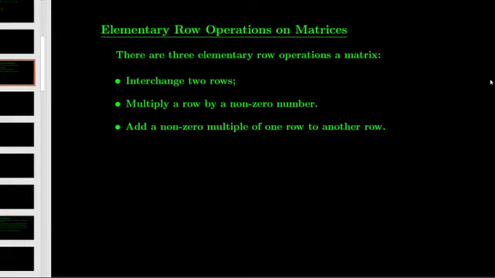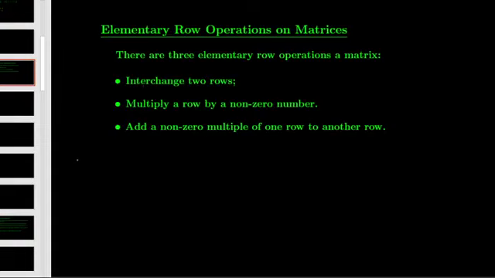I want to repeat. To solve any linear system, there are 3 elementary row operations we can perform on augmented matrices. The first operation is to interchange 2 rows. It's too simple. It's easy. I will show you the meaning. I think I can just do it on this slide. The first operation we can perform is to interchange 2 rows.